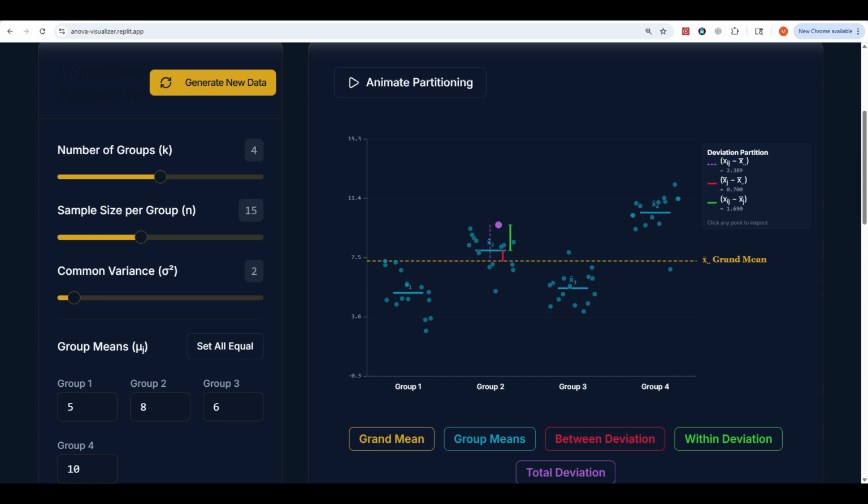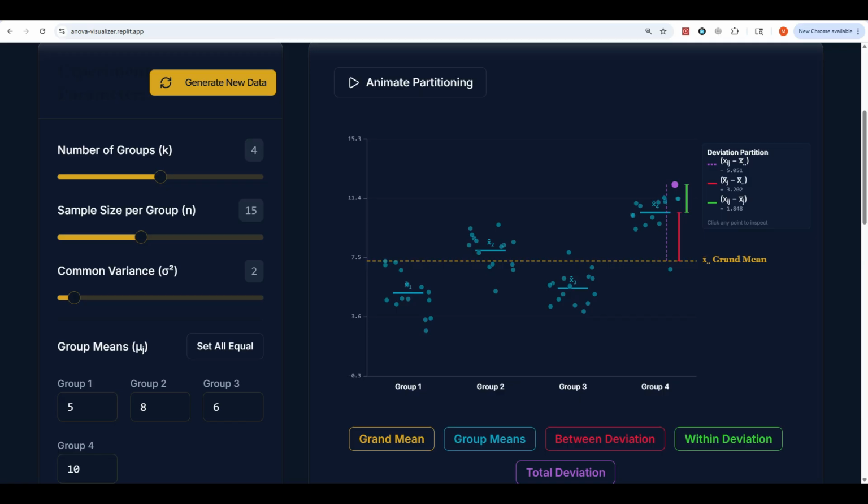And so you can see visually how that purple line is made up of the green line plus the red line. And by clicking on these data points, it will show you the purple line, the total deviation, and the red line, the deviation between groups, and the green line, the deviation within a group.